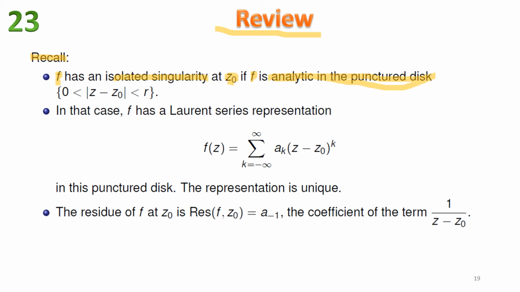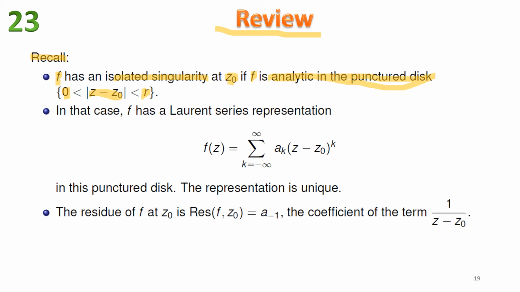Then we have mod of z minus z0 with a radius between 0 and r, not 0 and not r. So that is 0 less than mod of z minus z0 less than r.